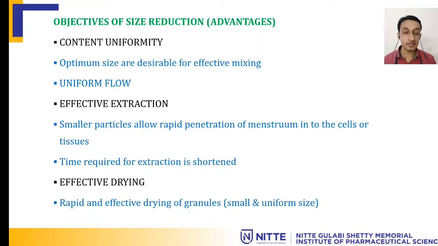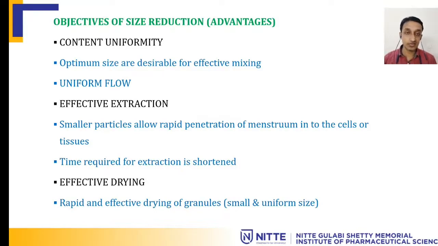Another important advantage of size reduction can be to achieve smaller particle size that can be useful in an effective extraction of materials. For example, this is used in extraction of main constituents from crude drugs.